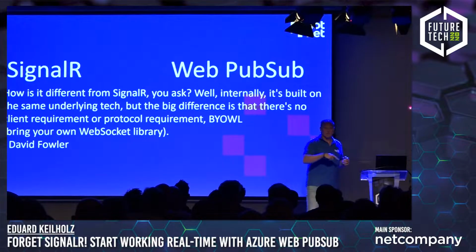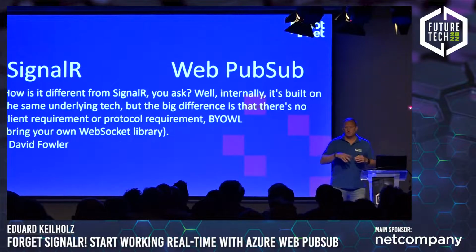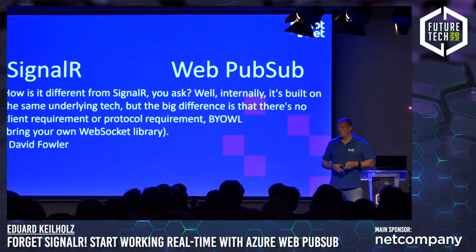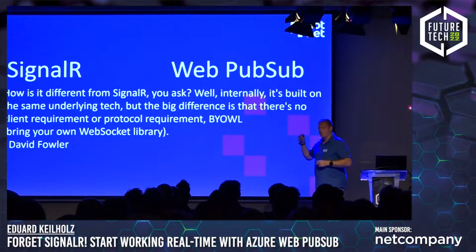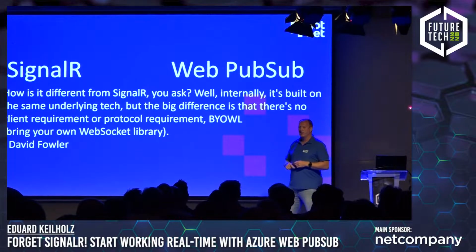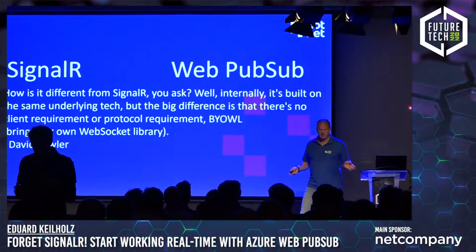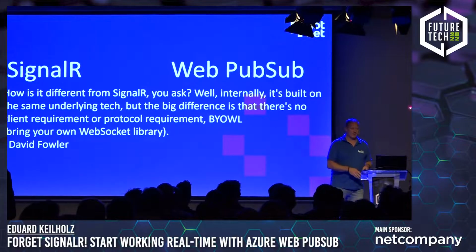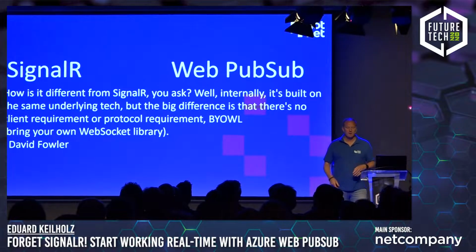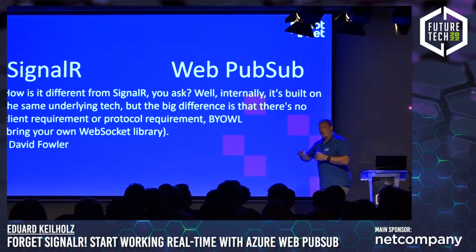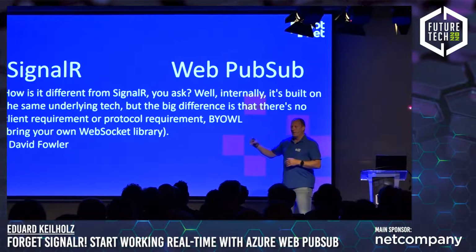And way back when SignalR started, not all the browsers supported a WebSocket. Now, a WebSocket is by far the most efficient way to do real-time communication, or at least near real-time communication. Real-time communication in our world doesn't exist. But a couple of browsers didn't support that WebSocket.